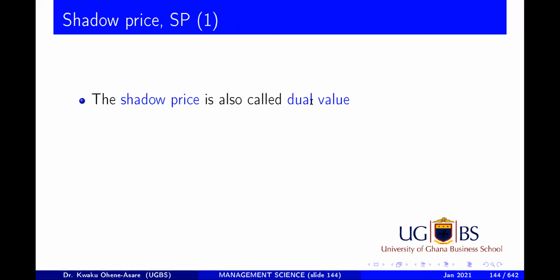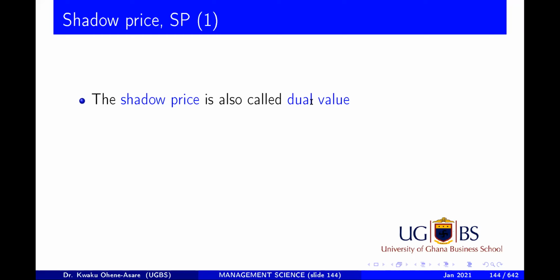What is that? Well, the dual value or the shadow price is the per unit change in the decision variables or in the objective function when there is a 1 unit change in the right-hand side.